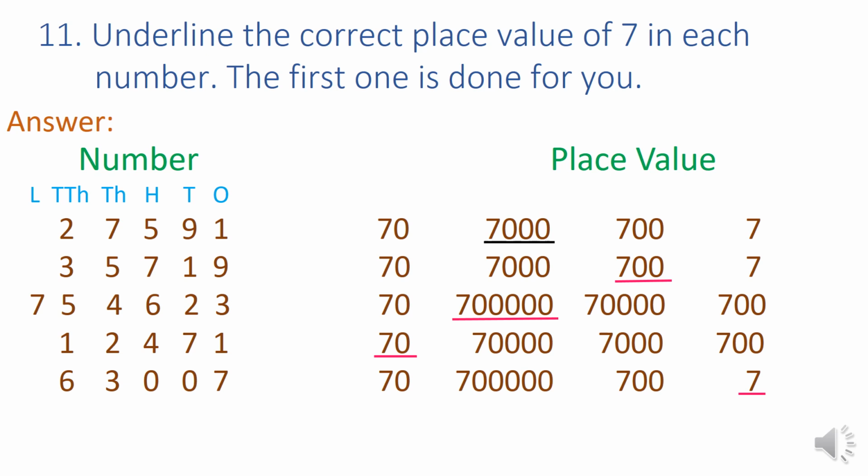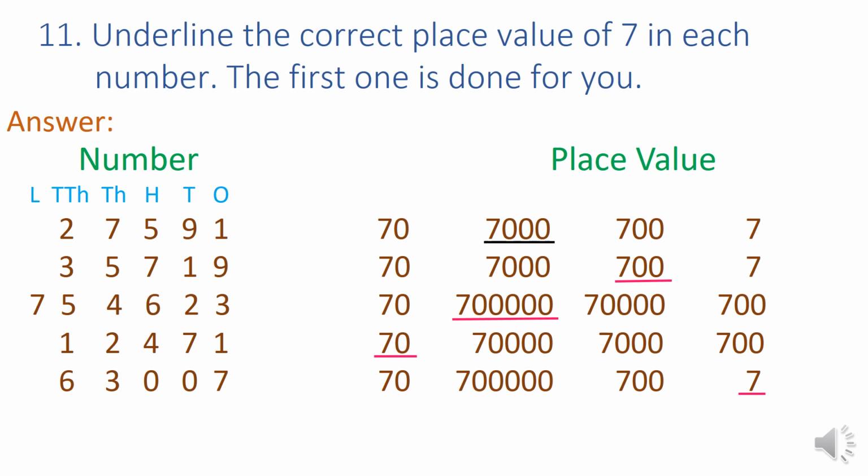Our next number is 12,471. In this number, 7 is in the tens place. So the place value of 7 in 12,471 is 70. Our next number is 63,007.